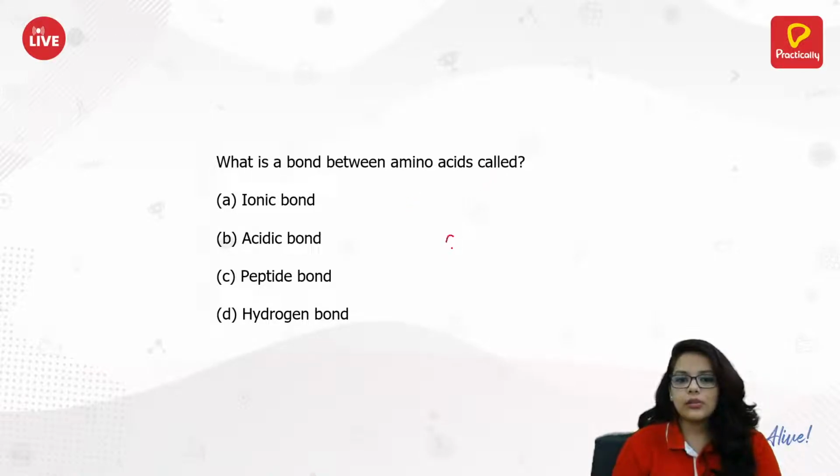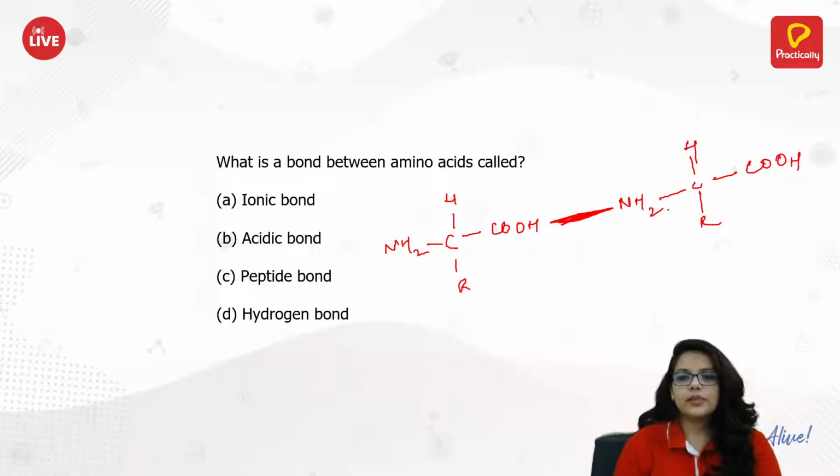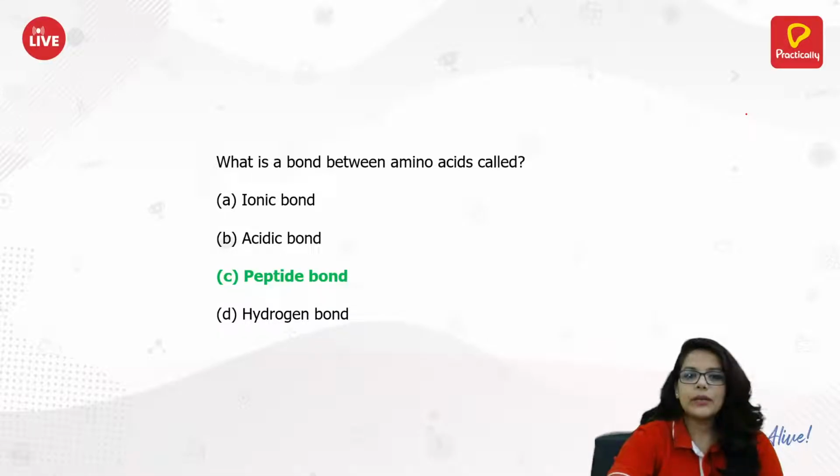Okay, so with R, H, the carboxylic group and the amino group, this bond between the amino and the carboxylic group is known as the peptide bond. So that is the peptide bond.